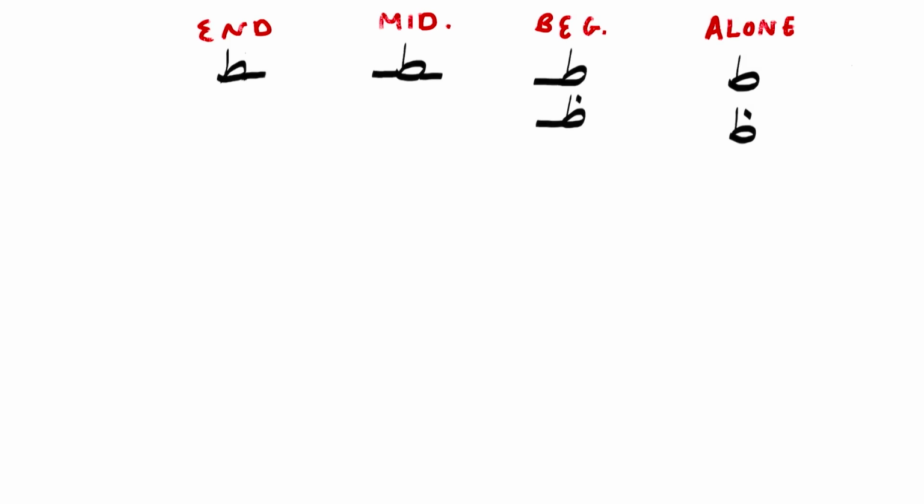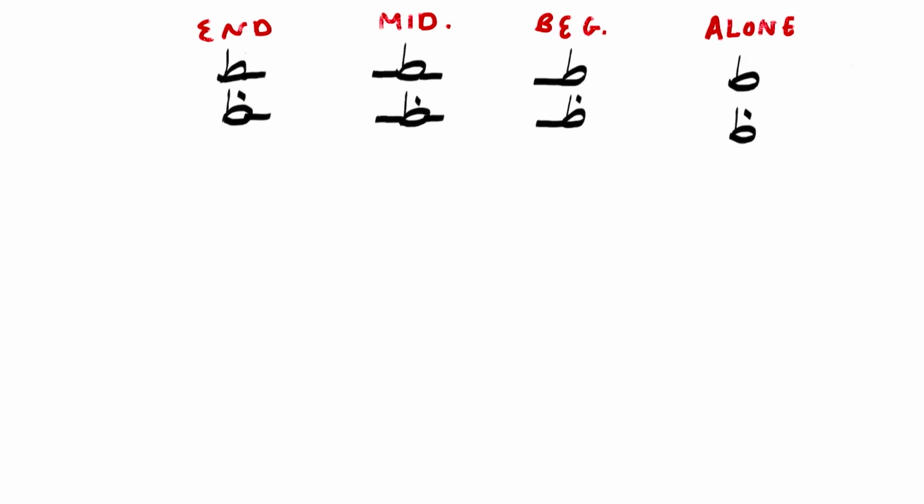Middle is exactly the same, connecting line to join to whatever is before it. Then we have the dha itself, and then the connecting line to join to whatever is after it. And at the end, connecting line to join to whatever is before it, and the dha itself. So we've covered ta, dha, and now we move on to ain.